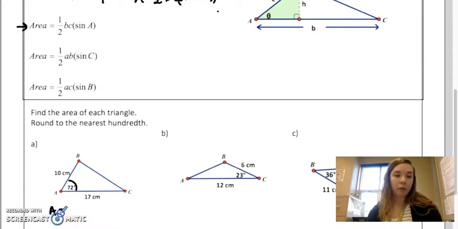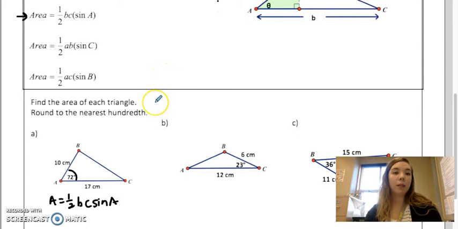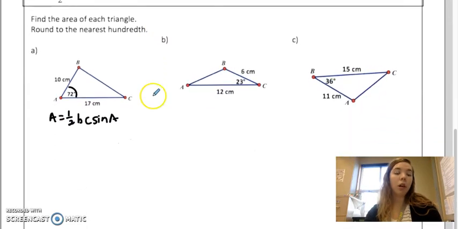Area equals 1/2 bc times the sine of A. Lowercase b and lowercase c are the opposite sides of those angles. So the opposite side of angle B is 17, which makes this little b. The opposite of C is 10. This is little c. This one is little a. Whichever one's straight across is the lowercase version.